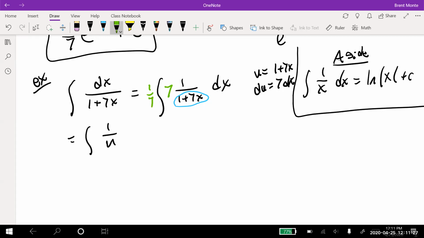When you multiply those together, they cancel out. But this 7 dx is right here. That whole thing just becomes du. Notice the 1/7 is still there. I still have the 1/7 out here, but the 7 and the dx just become a du.